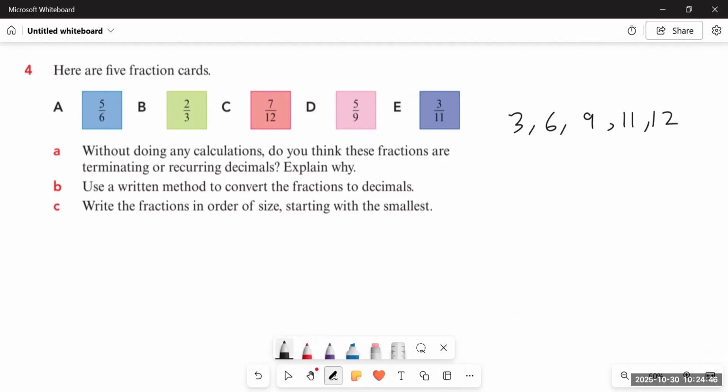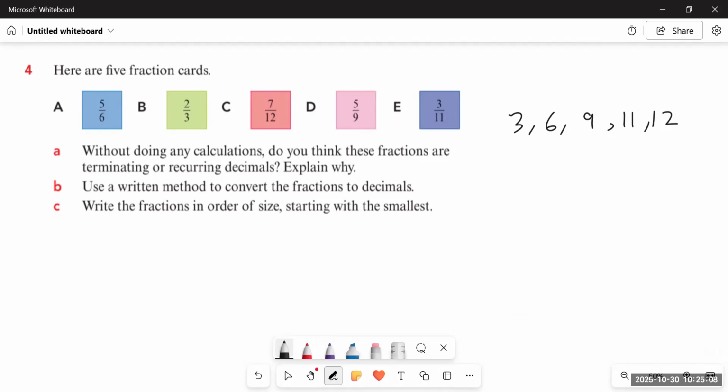We cannot turn 12 into 10, 100, 1,000, 10,000, 100,000 or a million. So these are all recurring decimals.